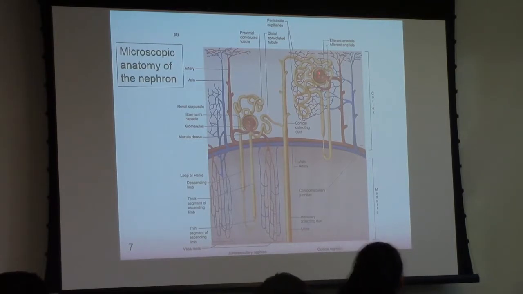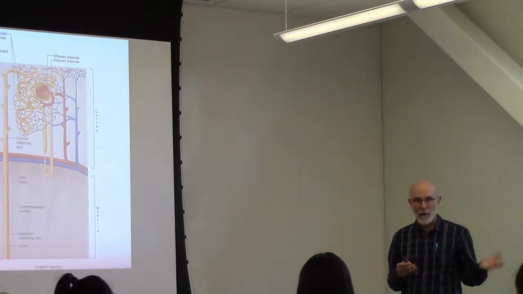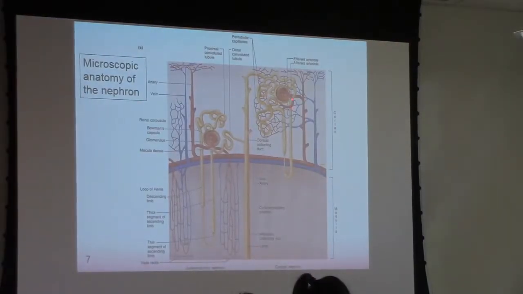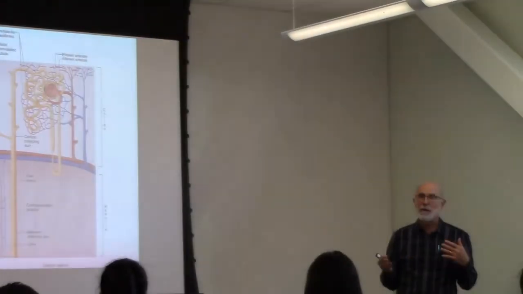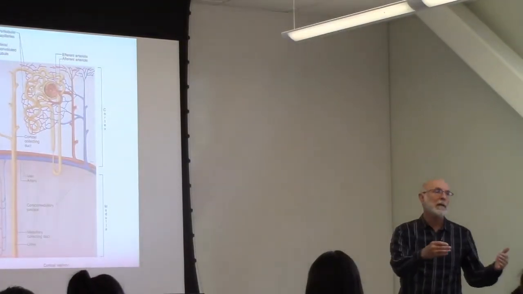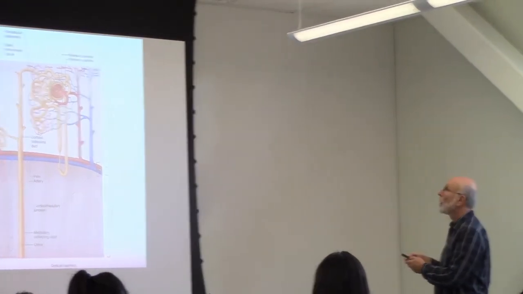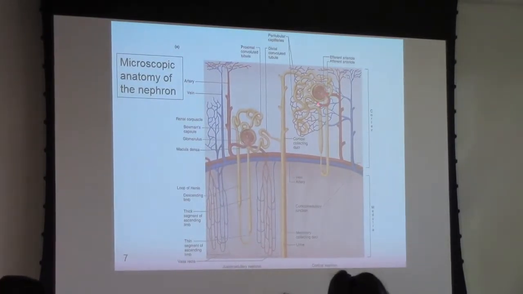And then arterial blood is going to leave the glomerular capillaries in the efferent arteriole. Afferent means going in, efferent means coming out. You know what an arteriole is. Afferent, blood goes in; efferent, blood comes out.